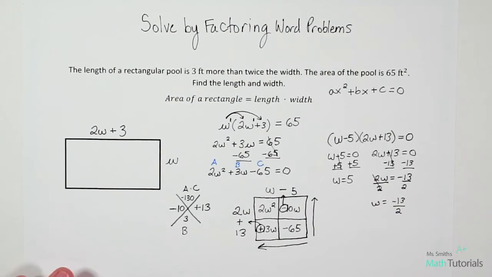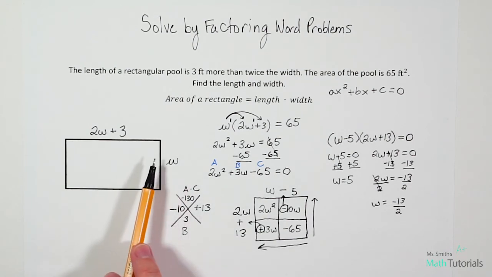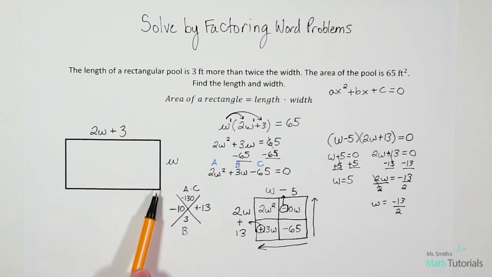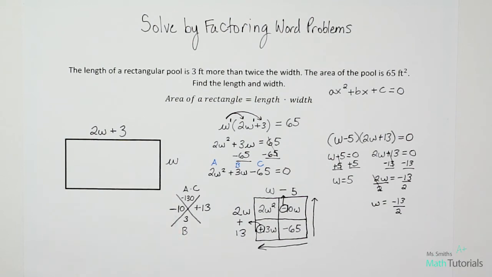This could be a little confusing, right? Because we have two answers for w. So we need to look at the context of the problem to help us figure out which answer we can use. Does it make sense that we could measure a side of a pool and get a negative measurement? That wouldn't make sense, right? When we measure, we're using positive numbers.